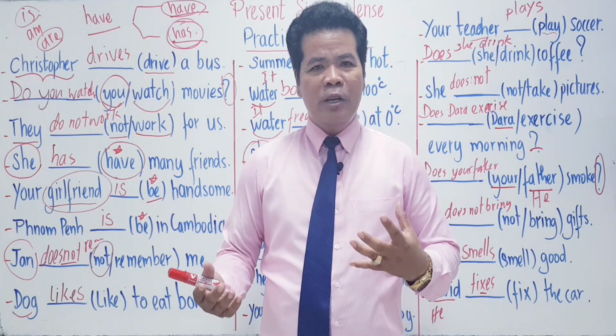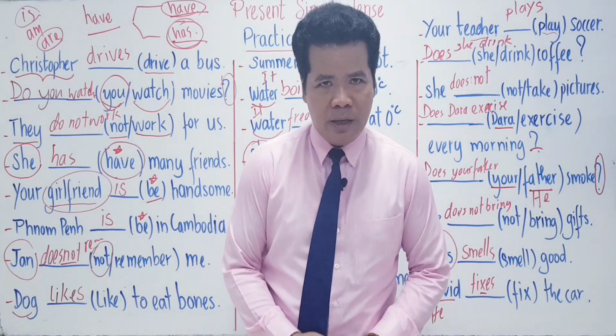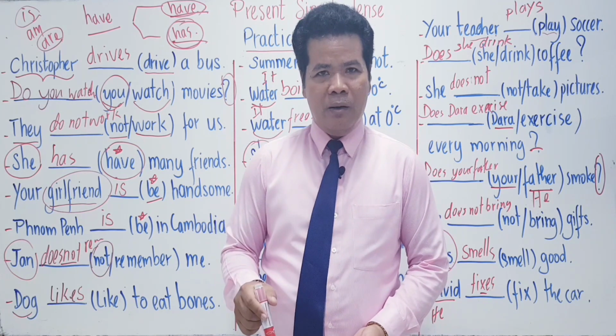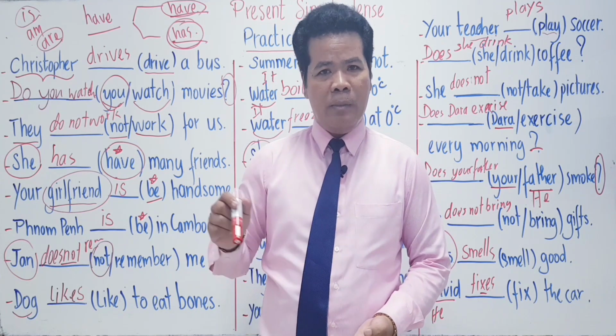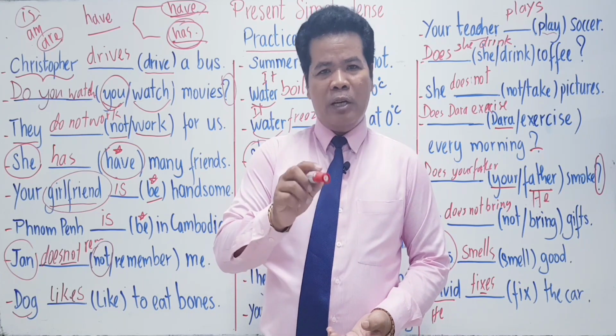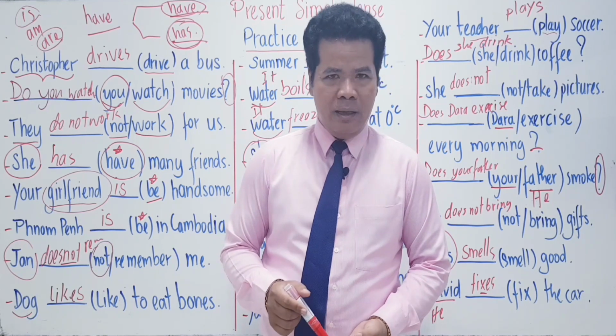But in case you feel not confident in yourself, then you can ask me the question, okay? Or you can write to comment to me in the comment box, and try to download some exercises by yourself if you can, and practice it.